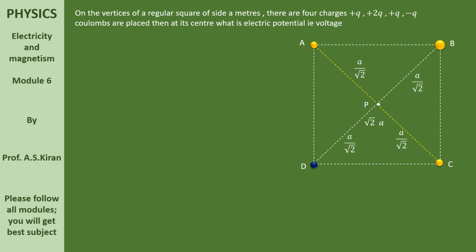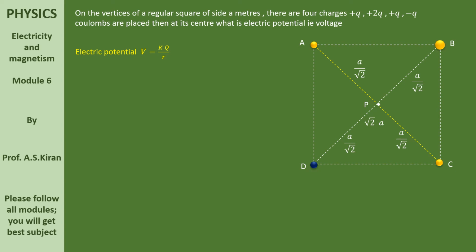From A to the center, the distance is A by root 2. From B to the center, distance is A by root 2 again. From C to the center, A by root 2 again. From D to the center, distance is A by root 2.